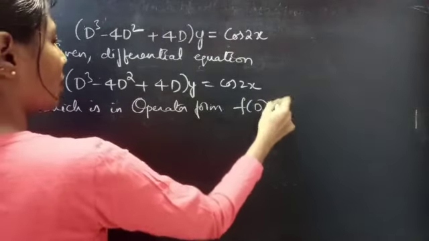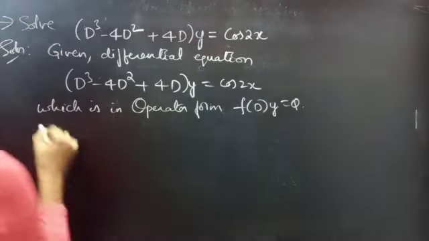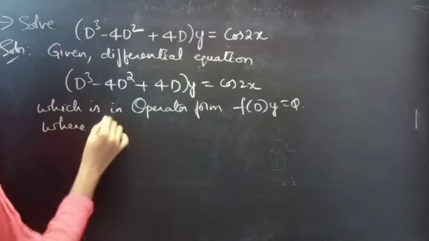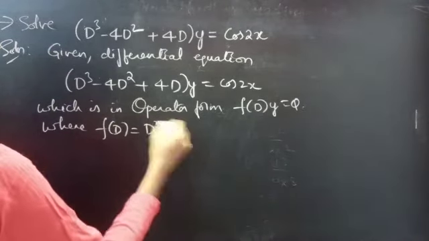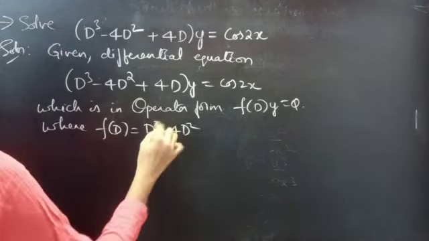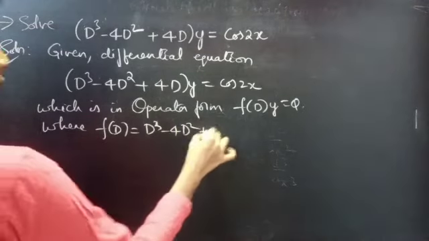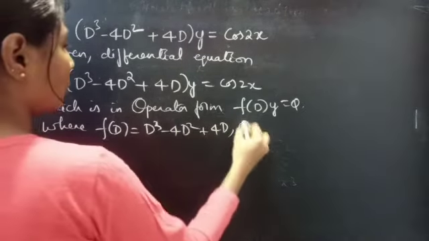F of D into y equals Q, where f of D equals D cube minus 4D square plus 4D and Q equals cos 2x.